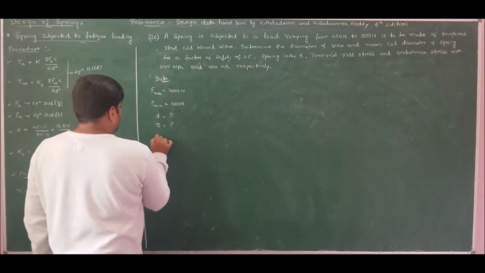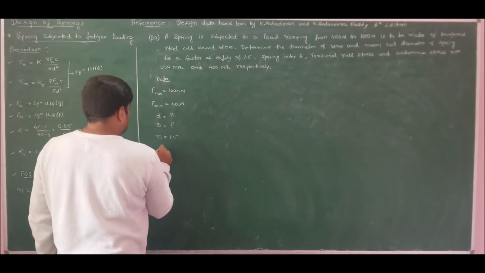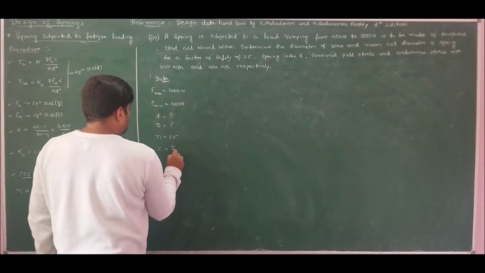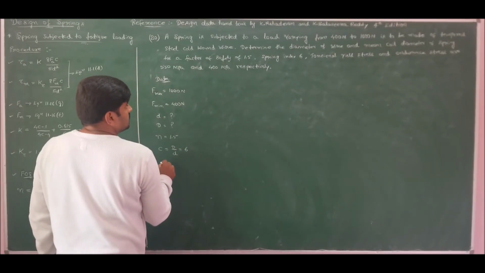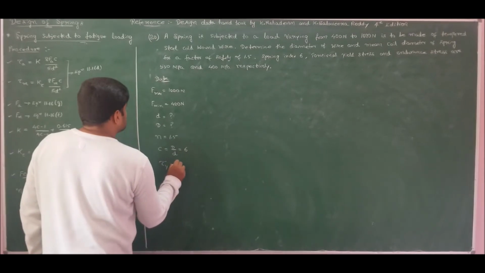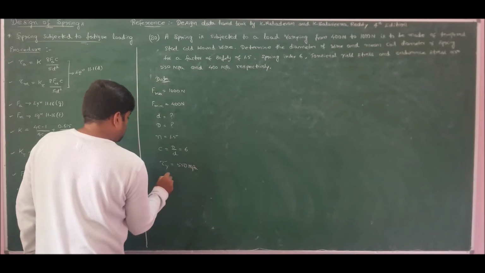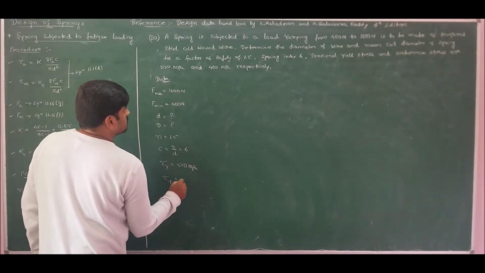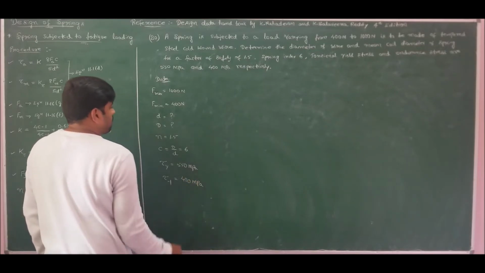We have factor of safety 1.5. Spring index C, which is D by d, is given as 6. Torsional yield stress and endurance stress are also mentioned: torsional yield stress is 550 megapascals and endurance stress is 400 megapascals.